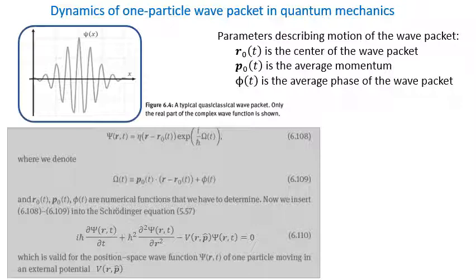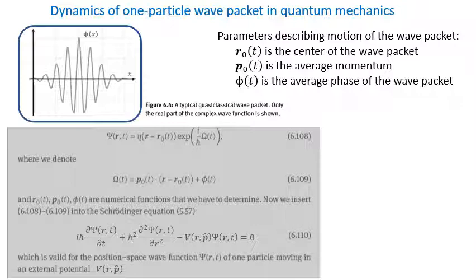First, the center of the wave packet is characterized by its position r0. Second, the packet has a definite momentum p0, which is inversely proportional to the wavelength of the oscillating wave function.